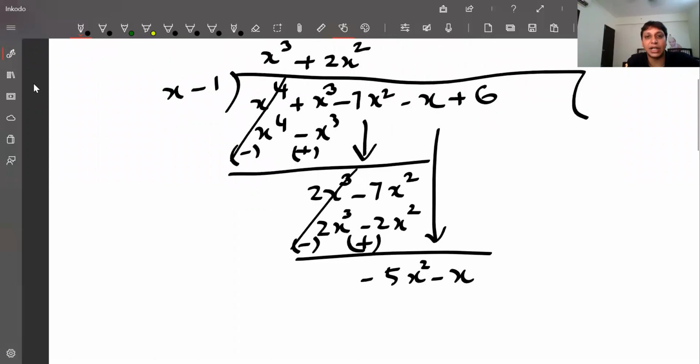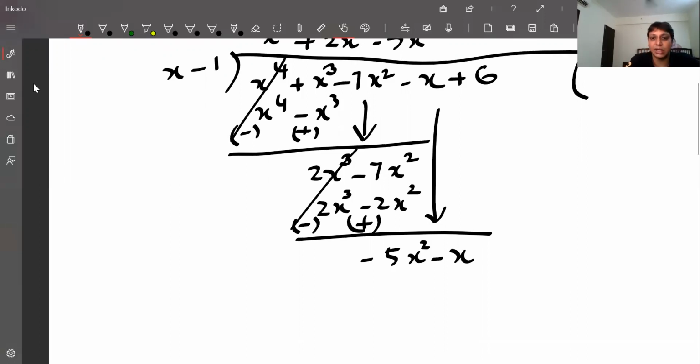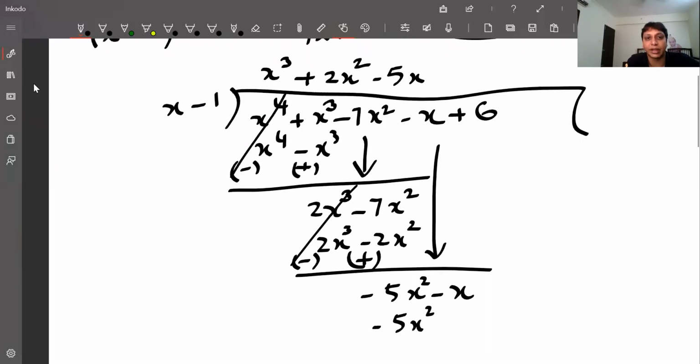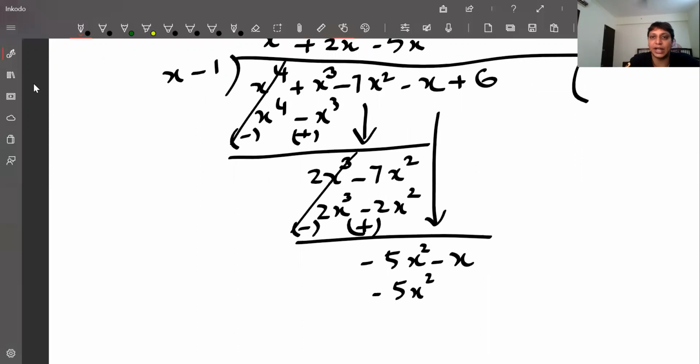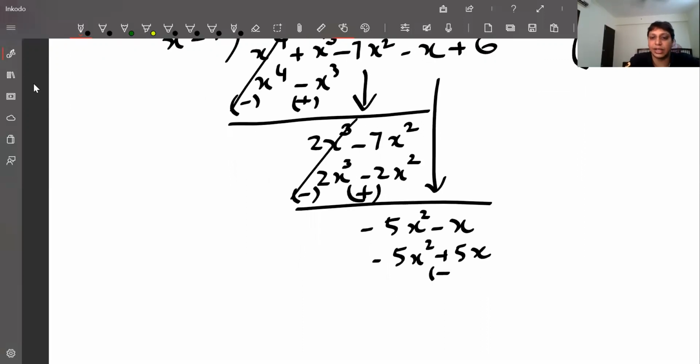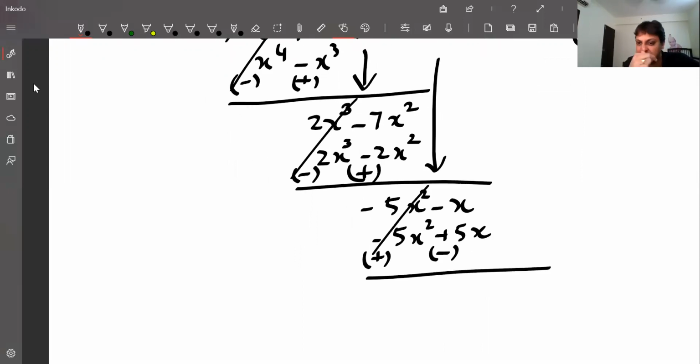So with what do I need to multiply? I need to multiply with minus 5x, such that minus 5x into x is minus 5x squared, which will give us minus 5x squared. Coming to the next term, minus 1 into minus 5x will give us plus 5x. Again, we need to change the signs, which cancels the x square terms. So you're getting minus 6x.